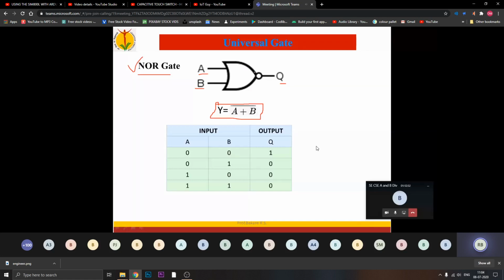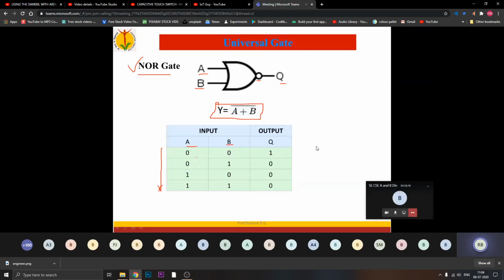Bar, due to this bubble, is nothing but inversion. It has only two inputs A and B. In the truth table, we get four possible combinations of the input: 0 0, 0 1, 1 0, 1 1.